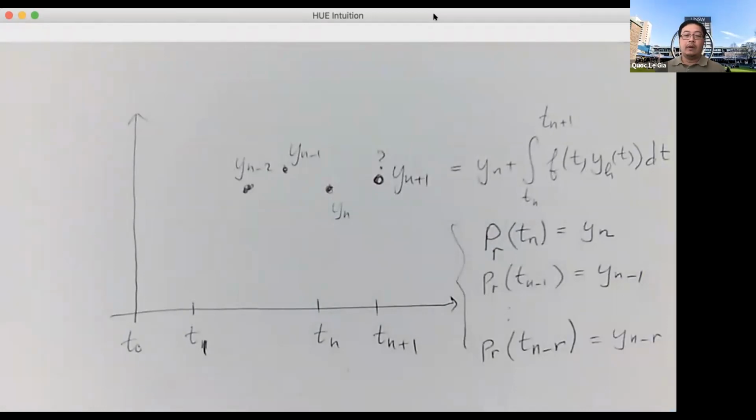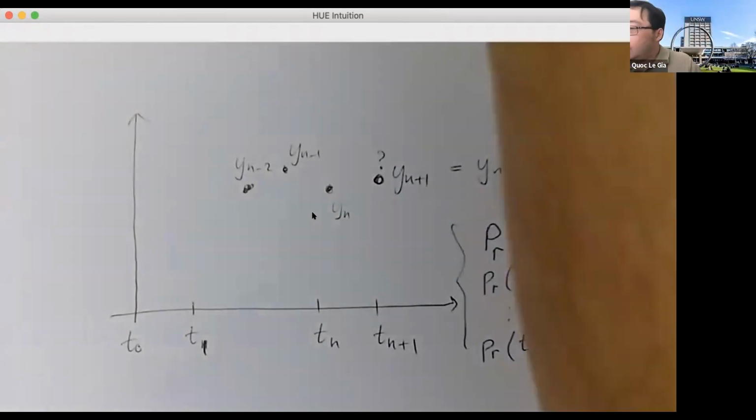Okay. So then what is the polynomial PR? The polynomial PR is just the interpolating polynomial that goes through those points.